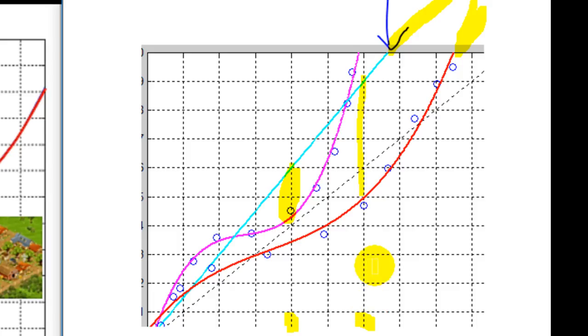Now, what happens if the price of, in this case, wheat goes down? In this case, the slope of the revenue function will go down, let's say to this case here. So this is the new revenue function.